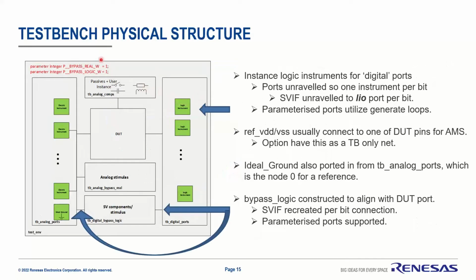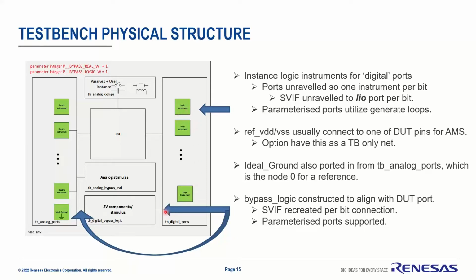So the physical structure that we've come up with allows us to basically have SystemVerilog interfaces on the ports there. Each of the individual bits of those ports goes to a logic instrument. I unravel the interface, so we have a logic instrument per bit.